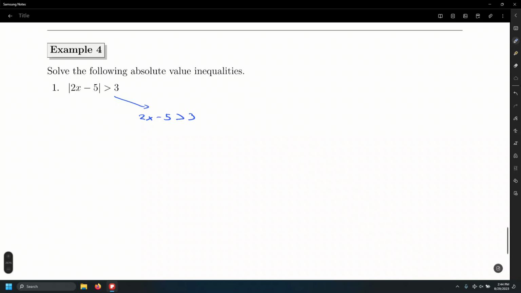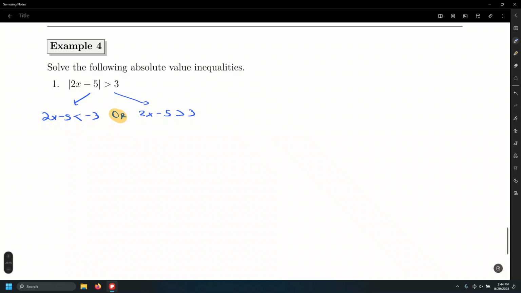On the other side, I'm going to write the 2x minus 5, but in this case flip the inequality symbol and change the sign of the number 3. So that's going to be an OR kind of problem. And again, the OR is going to look for only the union of the sets, as opposed to the intersection, which is the AND type of inequality. All right, let's solve these two baby inequalities for x.